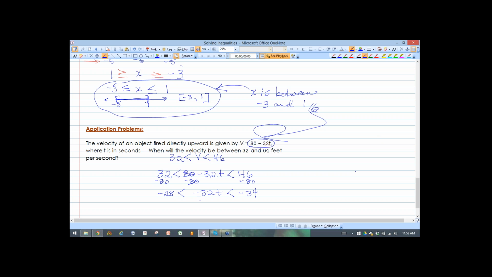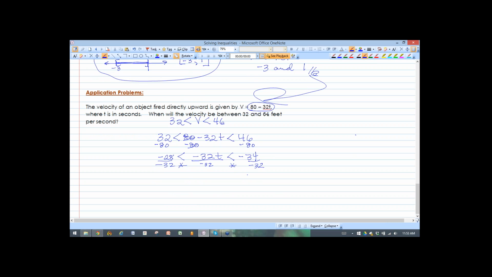Okay, so now what do we want to do? We are about to get turned around, right? Because we're going to divide through by a negative value. What's going to happen, right? Sign swap. Divide by negative 32, all sides. Okay, so here is where we swap sign directions. We divide through by a negative, so we have to go to greater than signs, okay?